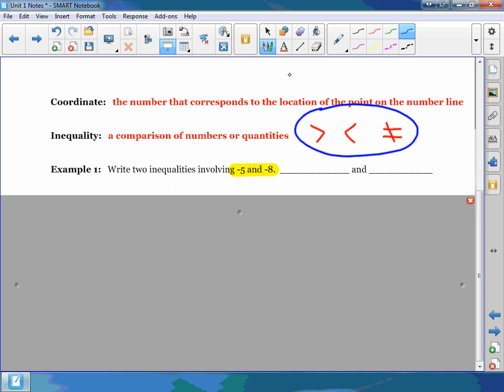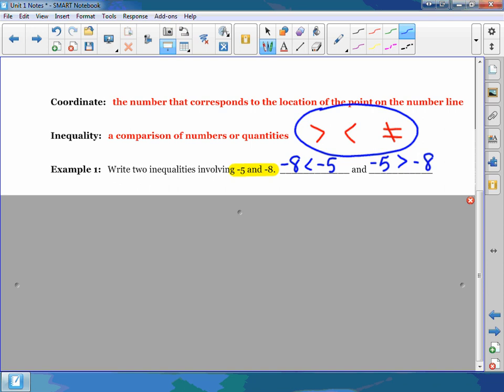And I would say that -8 has a value that is less than -5. Conversely, I would say that -5 has a value that is greater than -8. That's what inequality statements look like. Simply just a comparison between the two.